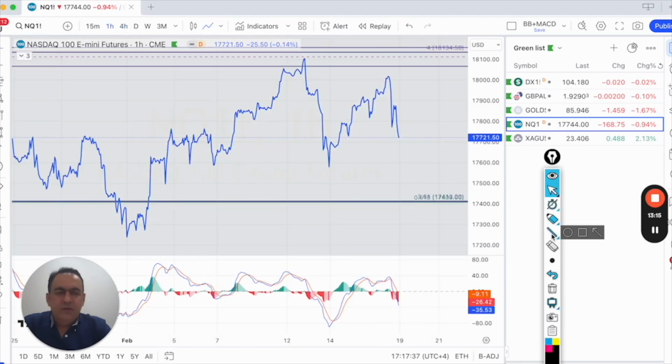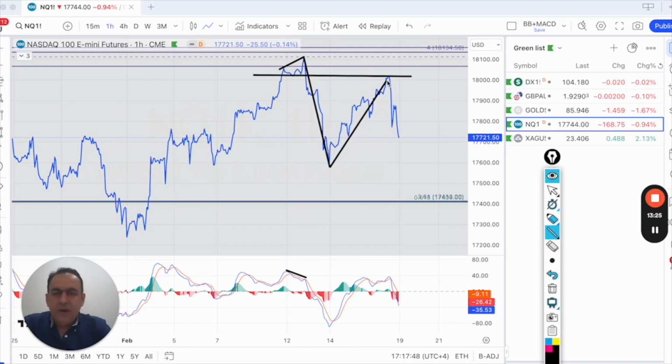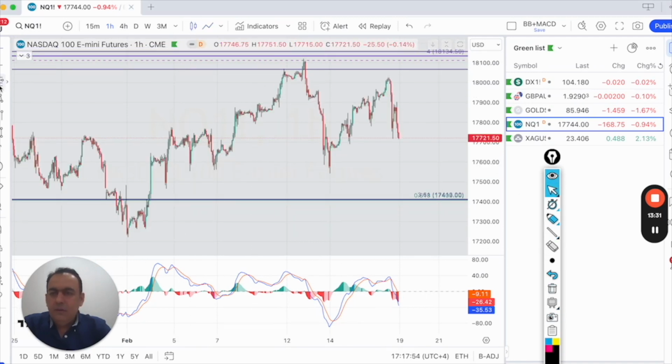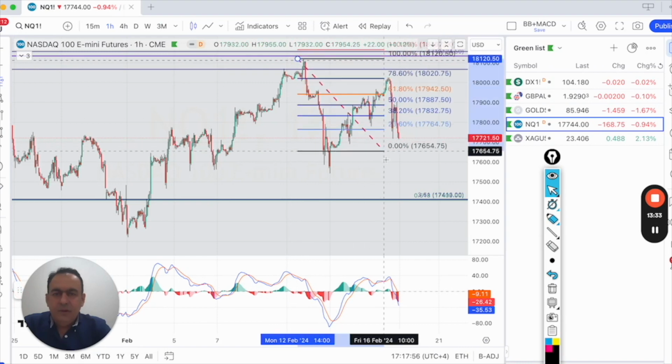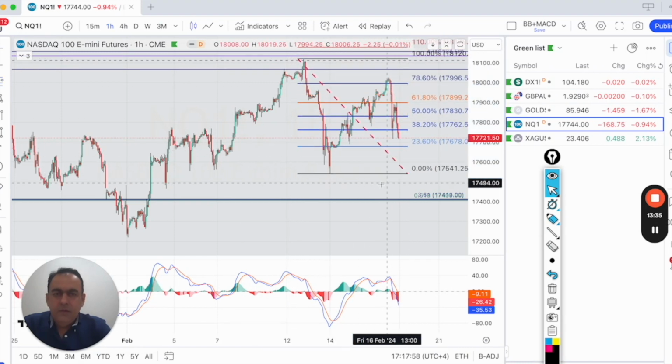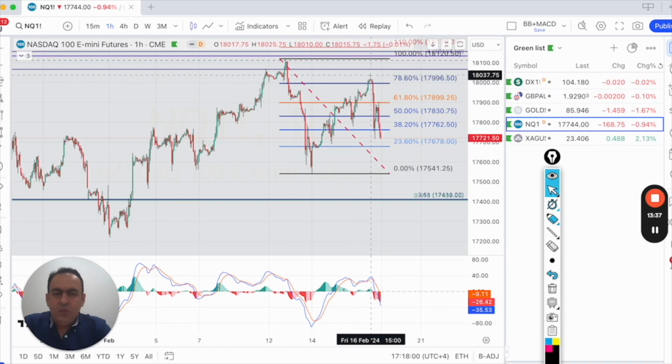Here we got bearish divergence on the 1-hourly chart, a higher high formed with bearish divergence. The structure was broken, with bearish price action followed by the corrective pattern reaching back to the area of 78. Let's apply Fib retracement from the recent high to the low. This retracement was completed exactly around 78.6, and now we have a massive bearish price action.